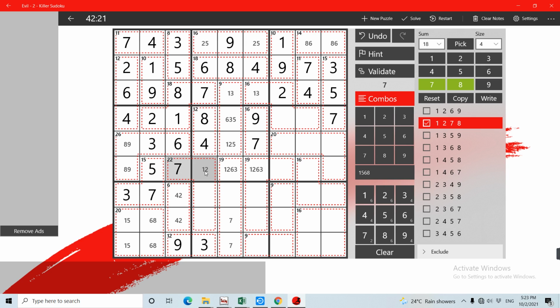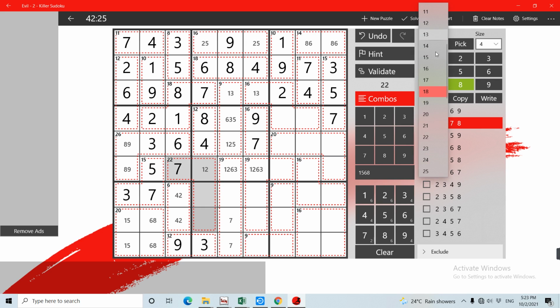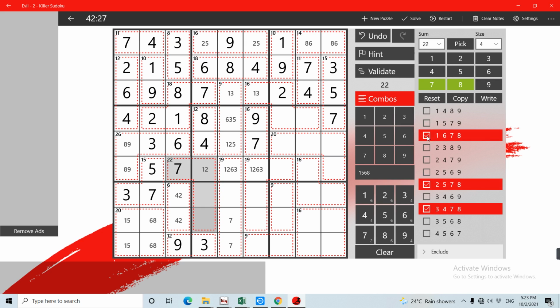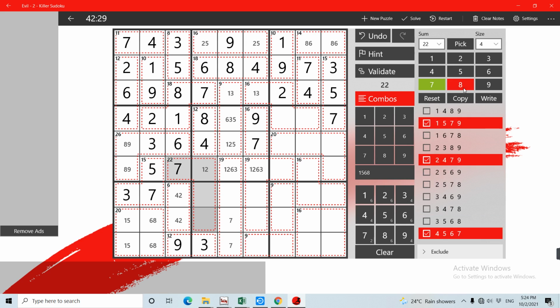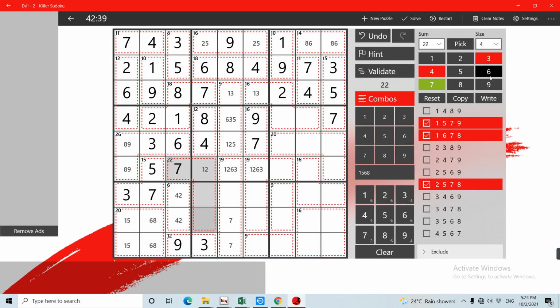That means look for 22. Look for 22, which has a 7 but does not contain 3, 4, 6, 8.